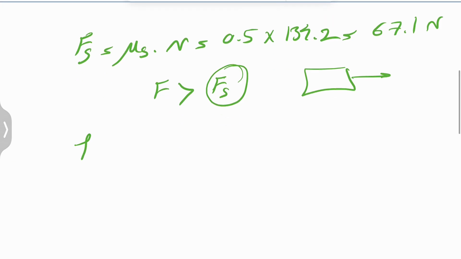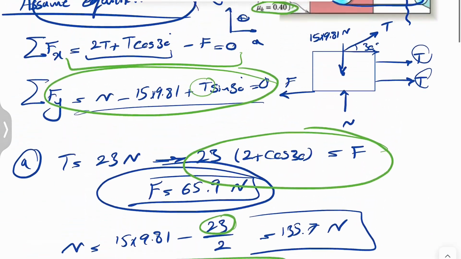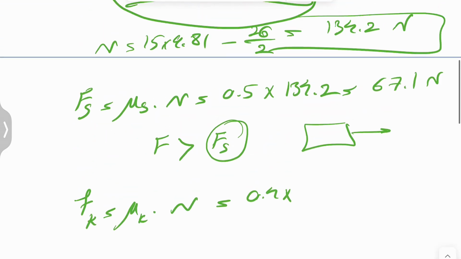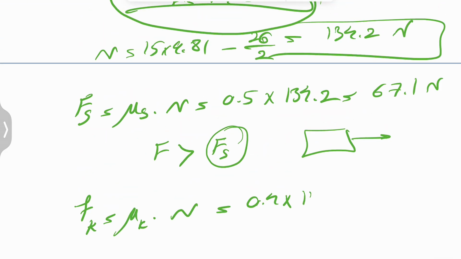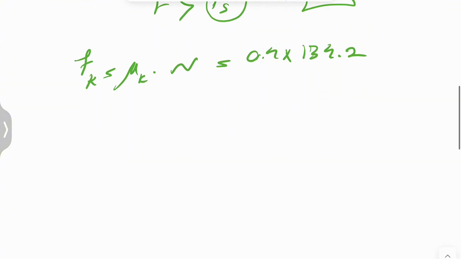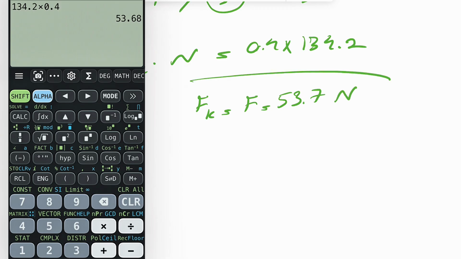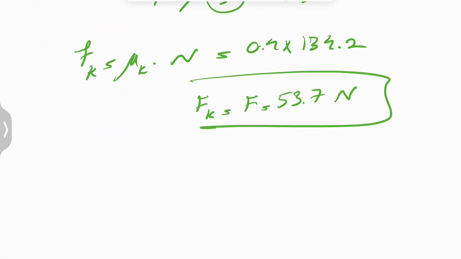And once it's moving, our friction is going to be kinetic, so mu k times N, and the coefficient is 0.4 times the N, which was 134.2. So 134.2 times 0.4. So our friction, or our F, would be 53.7 newtons. But that's not what the question is asking.